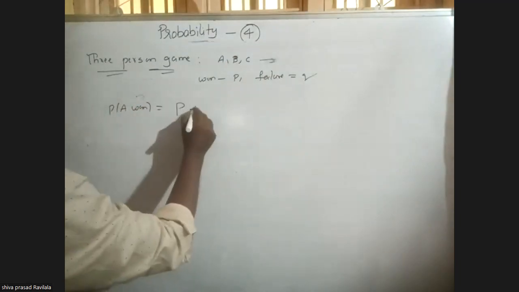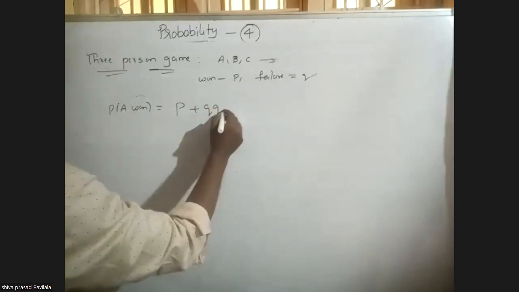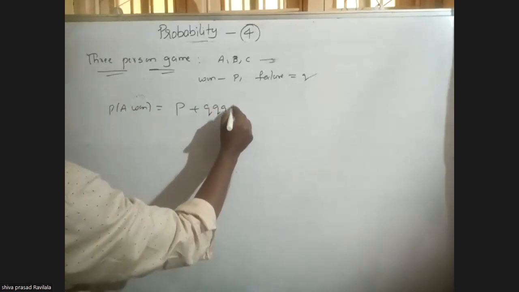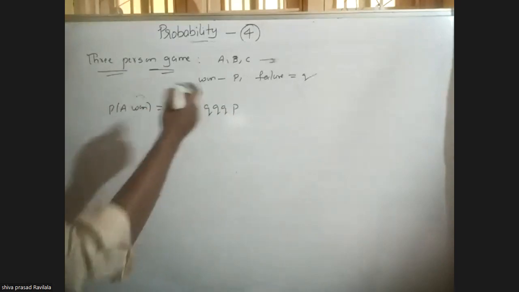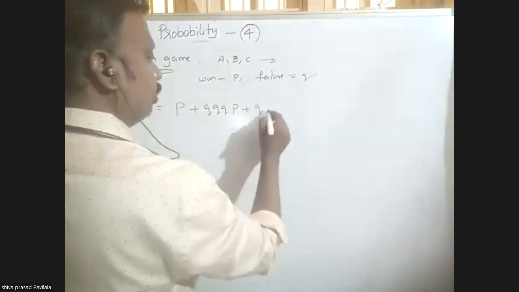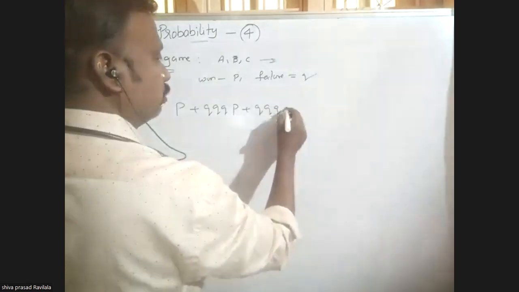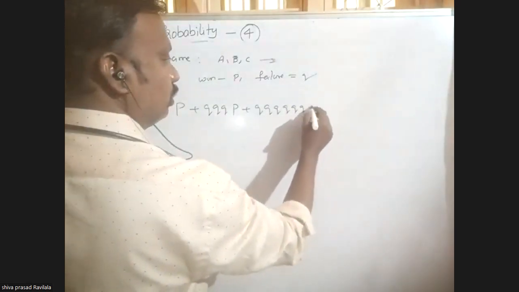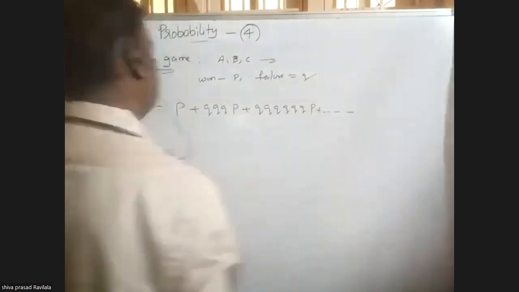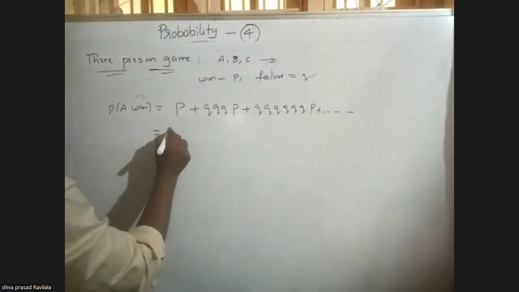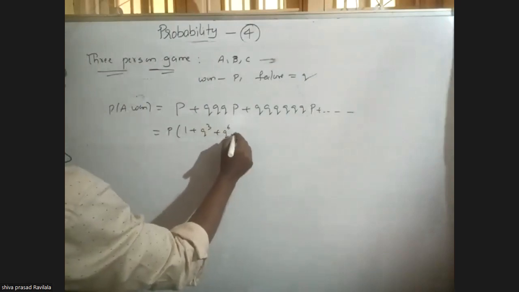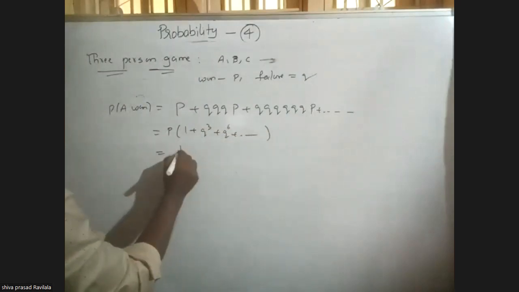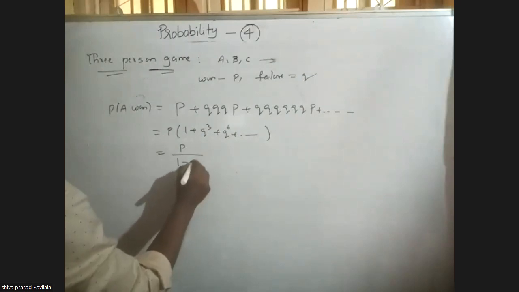And second case, A loses, B loses, C loses, A wins. A loses, B loses, C loses, A wins, and next one, plus so on. In this condition, I took P common, remaining 1 plus Q cube plus Q power 6, right? P by 1 minus Q cube.